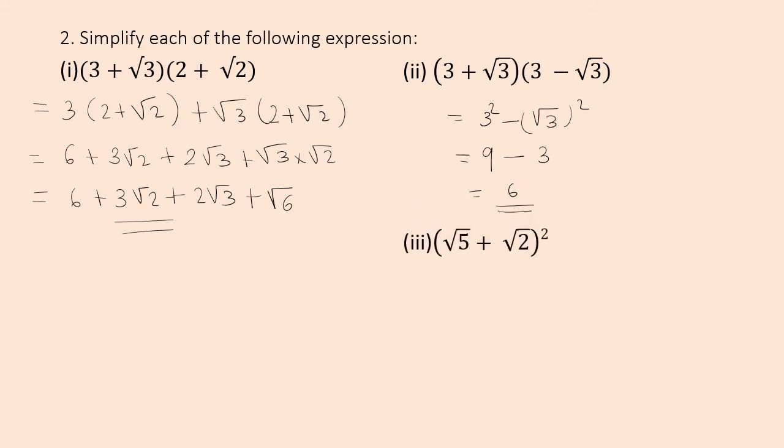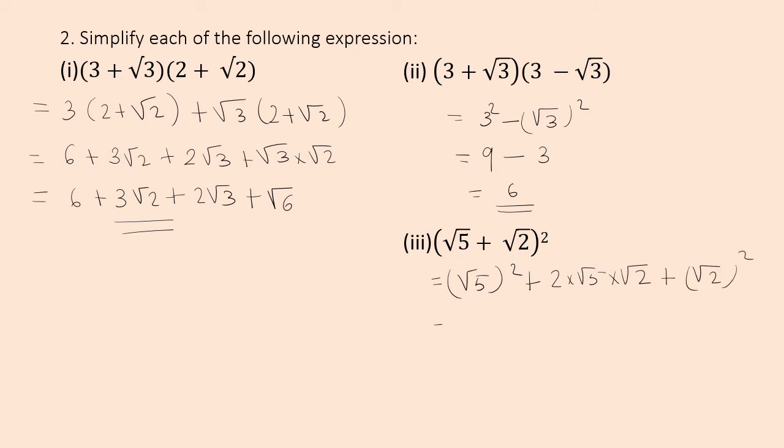Now question number 3, root 5 plus root 2 whole square. This is of the form a plus b whole square. So the first term is a square. Here a means root 5 square plus 2ab, that is 2 multiplied by a is root 5 multiplied by b is root 2 plus b square, that is root 2 square.